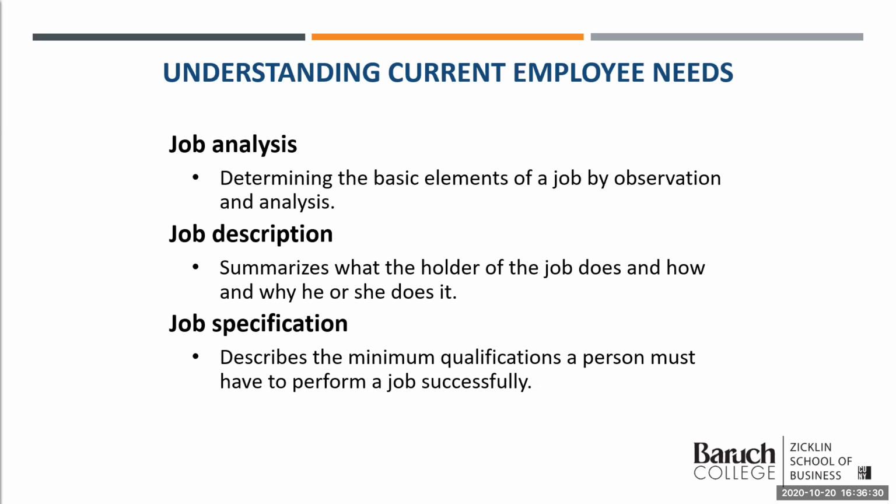And you're going to look at the different elements of their job and how they accomplish the tasks that they're engaged in. And then from that, you're going to write up a description, which summarizes everything that they do, and then write up a job specification. And job specifications are sort of the minimum requirements necessary for someone to perform that job, right?